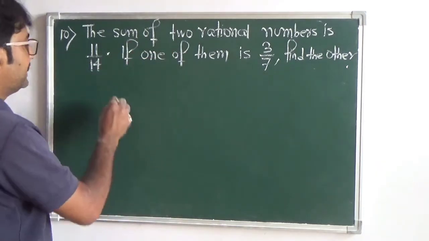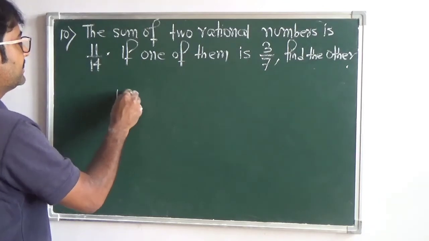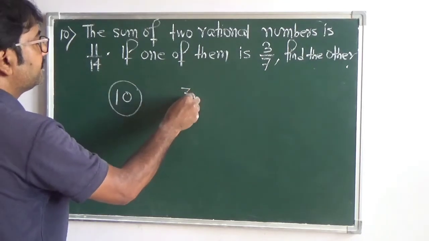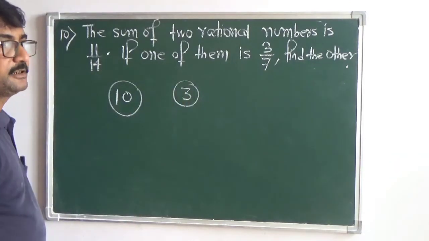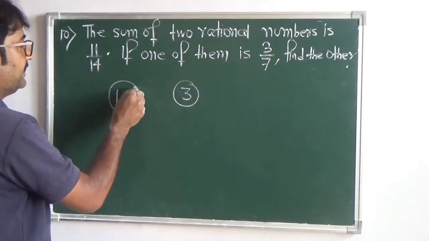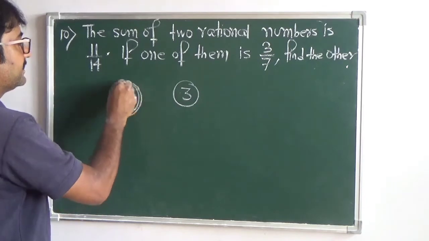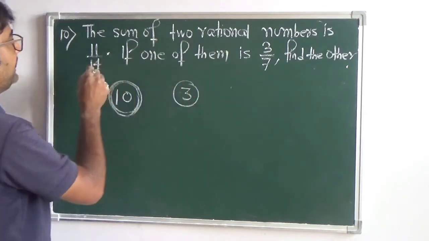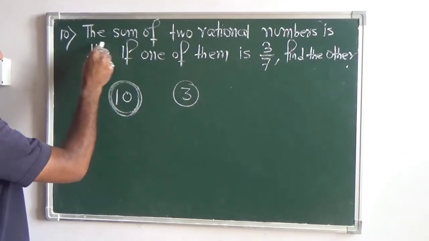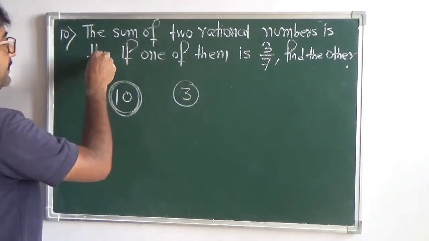So suppose the sum of two numbers is 10 and one number is 3, how do you find the other number? The other number is obtained by subtracting the given number from the final result. So if one of them is 3 by 7 and the total is 11 by 14, subtract 3 by 7 from 11 by 14.